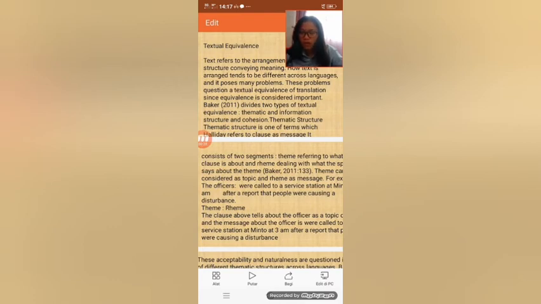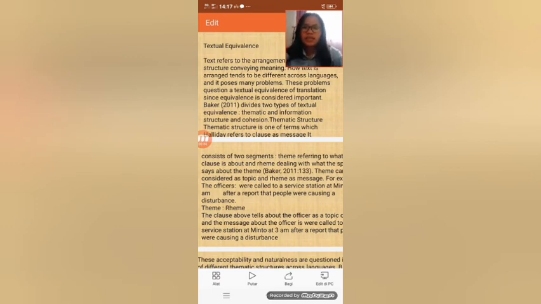1. Equivalence at word level. 2. Equivalence above word level. 3. Grammatical equivalence. 4. Textual equivalence. Out of the 4 steps, I want to explain number 4, textual equivalence.